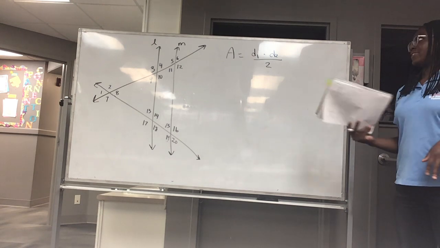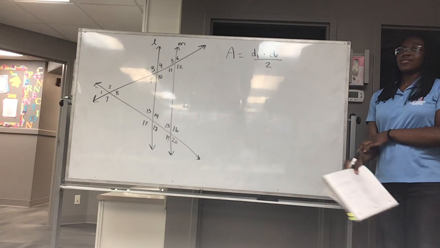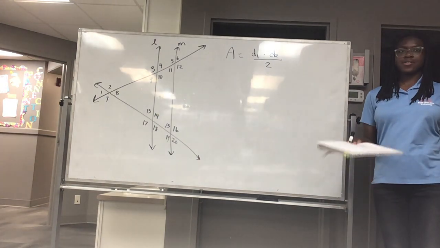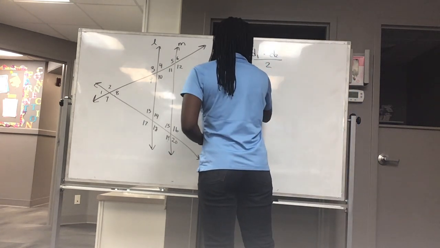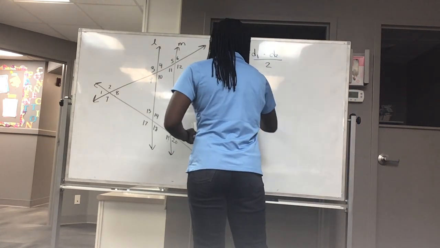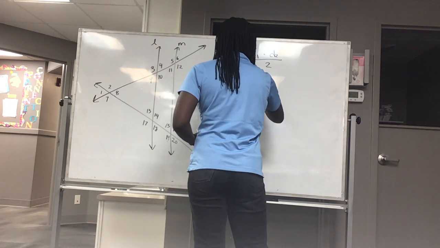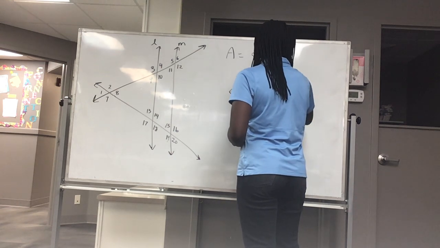And I've seen a question like this on the ACT before. They ask you to find area and you don't know the length and width or whatever, you just know the length of the diagonals. So we're gonna do just one example real quick. Say I had a rhombus right here.